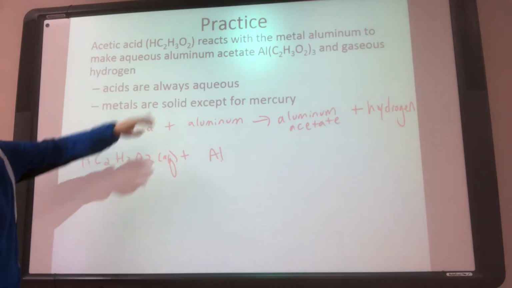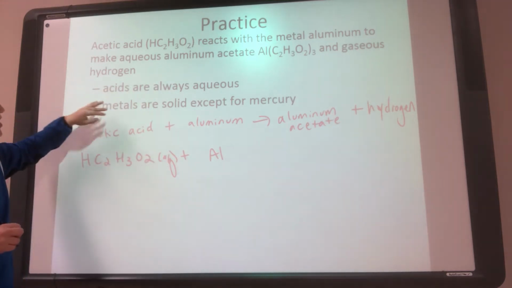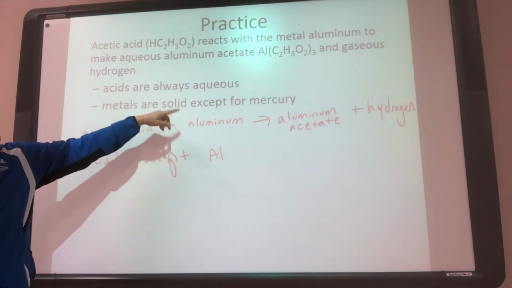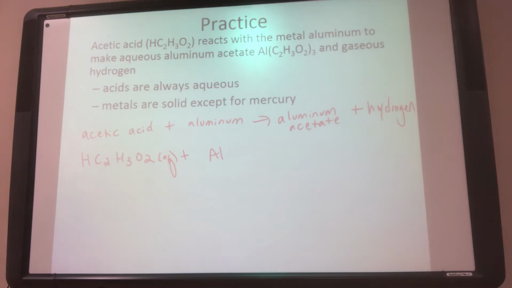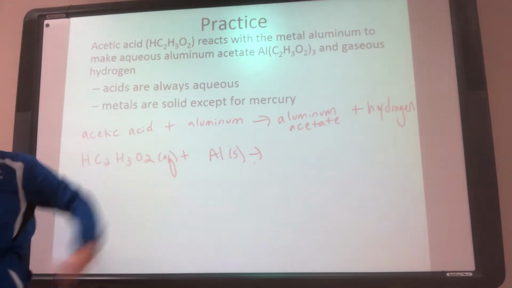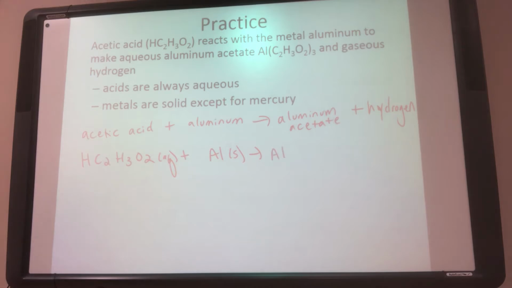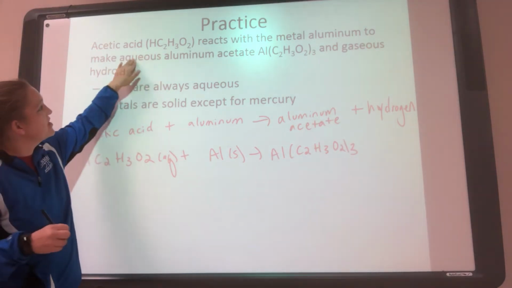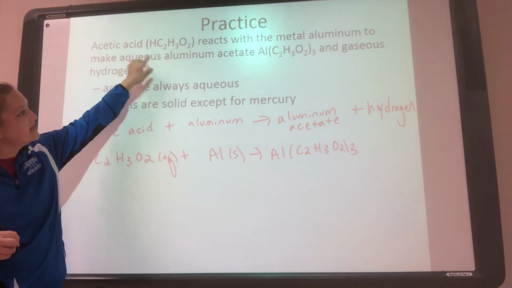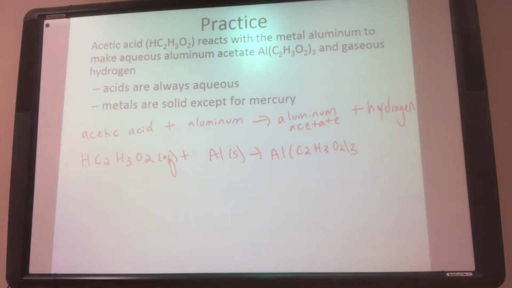And it says that it is metal aluminum, and I remind you that metals are all solids except for mercury. So since it's a metal, it's going to be a solid. Goes to aluminum acetate, which I gave you the formula, so all you have to do is copy that down. And it says that it was aqueous aluminum acetate. So that tells me the state of my aluminum acetate.